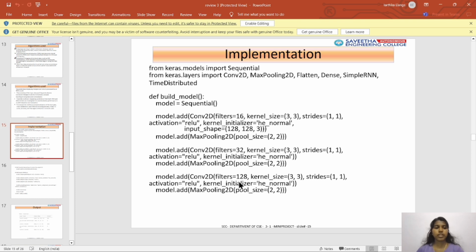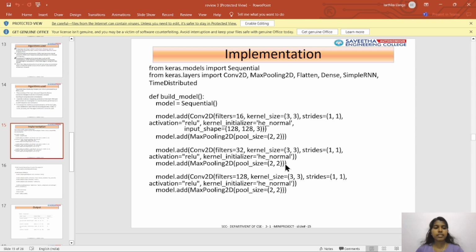This is the second convolutional block. In this block, we increase the number of filters to 32, which allows the model to learn more complex features from the input as the data progresses through the layers. The max pooling 2D layer, similar to the first block, reduces the spatial dimensions of the feature map, helping to retain the most important features while reducing computational load.